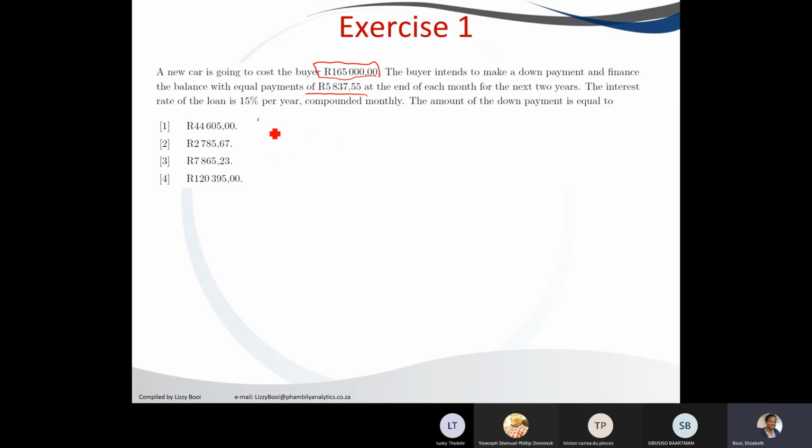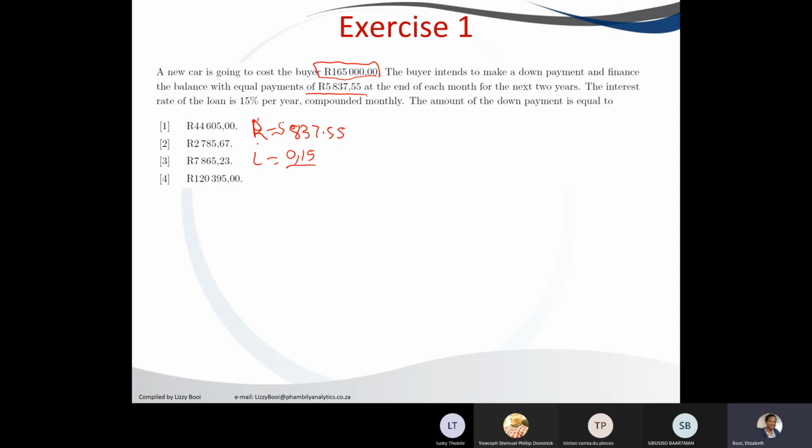Let's start with those who are using the manual calculation. R is 5,837.55. Our interest is 15%, which is 0.15.